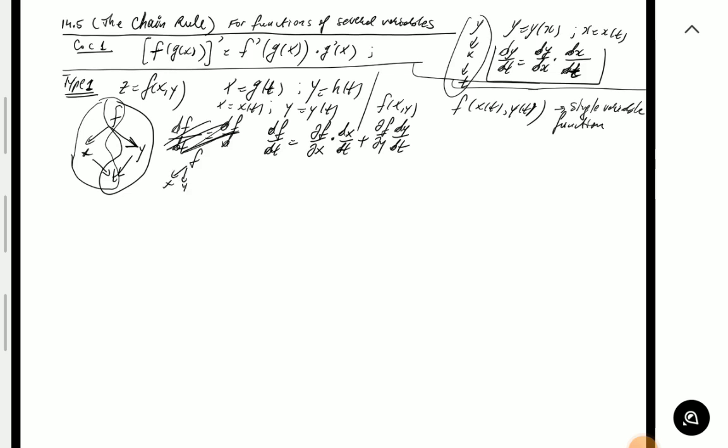For example, if f depends on three variables, x, y, and z, and in turn, each of the three depends on a variable t, again df dt is going to be partial f partial x dx dt plus partial f partial y dy dt, and then finally partial f partial z dz dt.